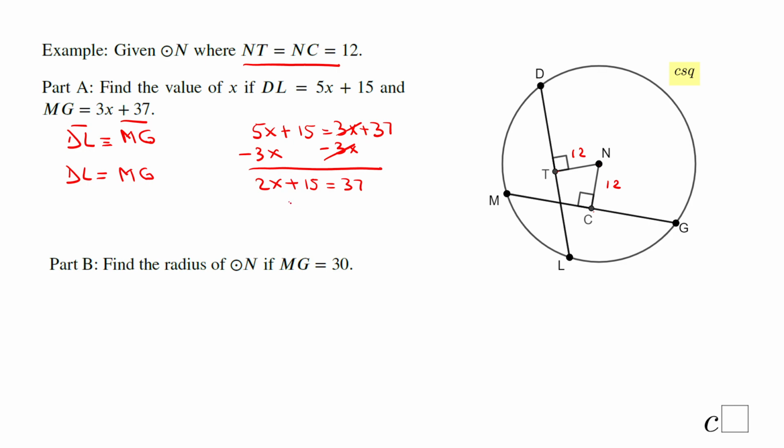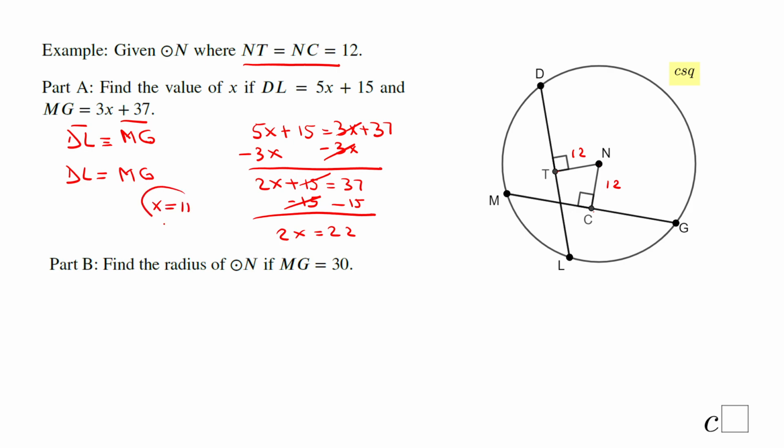Subtract 15 on both sides, and we have 2x equals 22, and divide by 2, we get x equals 11.